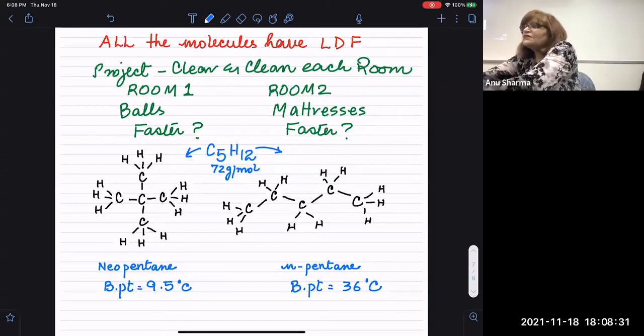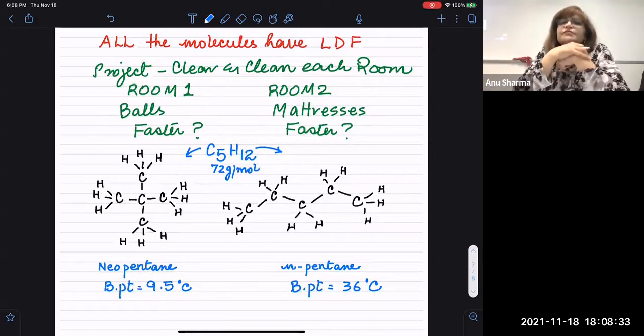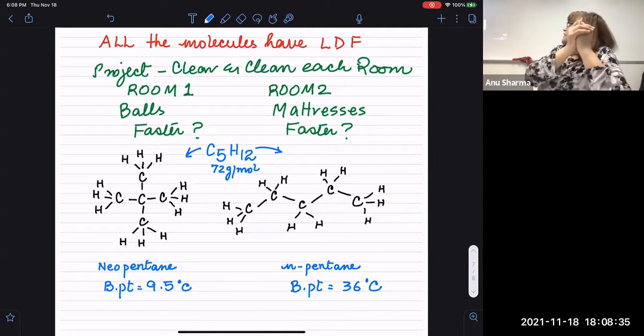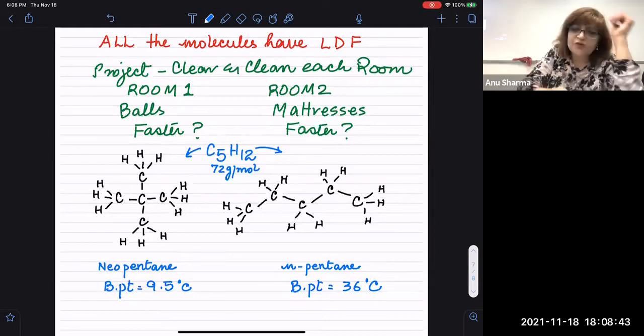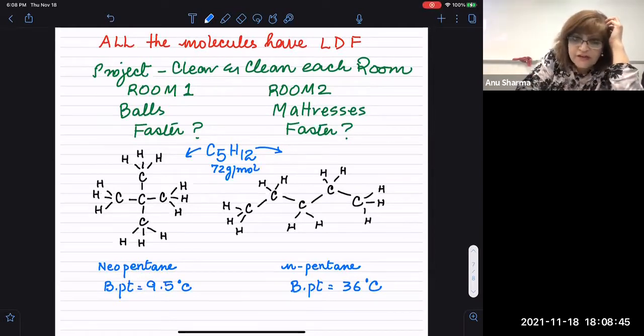A room full of balls can be cleared faster, or the mattresses? Smaller and lighter, okay. And Annie, what do you think? Balls, okay. So somebody else wants to contribute here in the class?